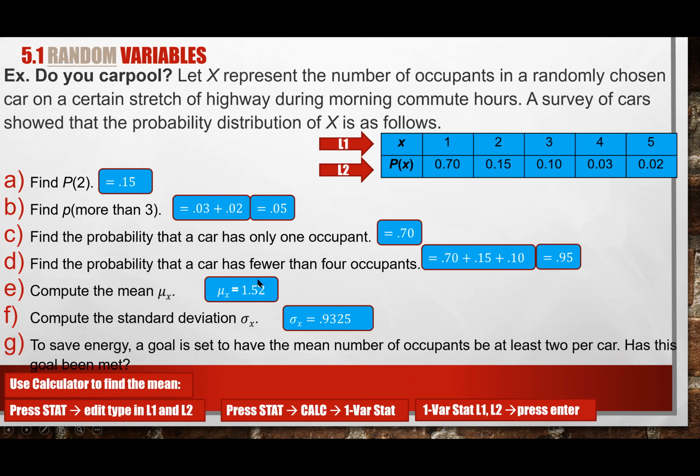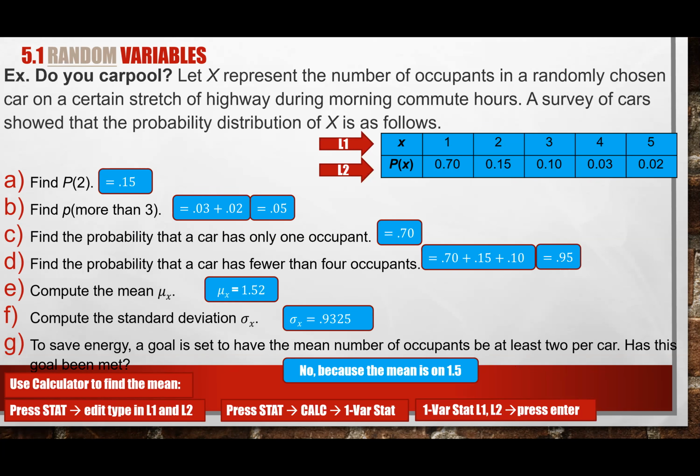As you can see, the mean that we have is 1.52, meaning between 1 person and 2 people, right? We don't have half of a person, I agree, but the mean here is roughly between 1 and 2, but at least 2 means it has to be 2 or more. So as you can see, in this case, the goal has not been met. Why has the goal not been met?